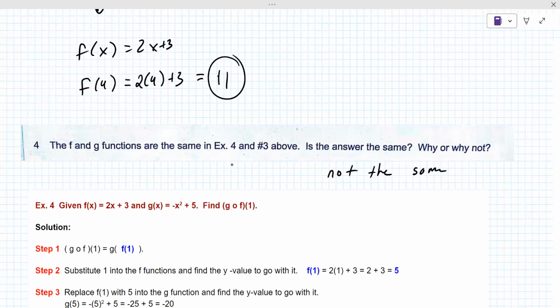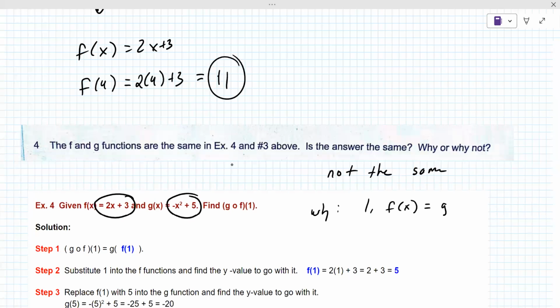The reason we can say that is because the original functions are not the same. So the first thing you maybe say is that f of x is not equal to g of x. And the second thing you can say is that the order matters. Which function you substitute in matters.